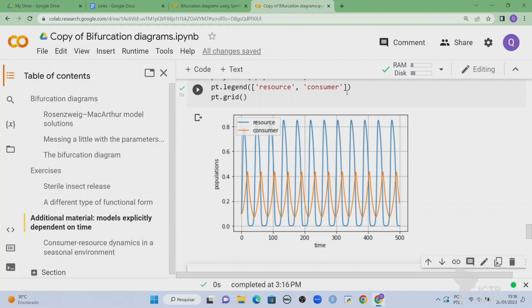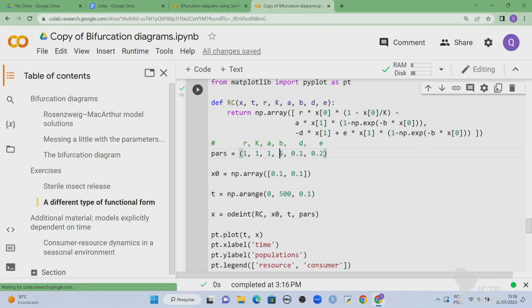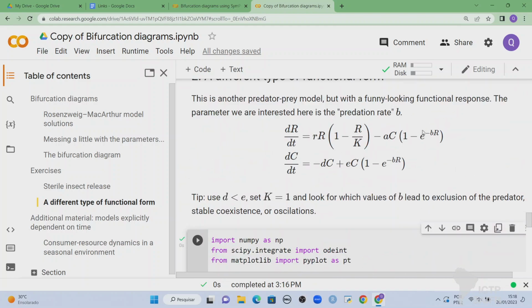Okay, so I started with b equals 1, then I decreased it to 0.1, and now I increased it to 5. How do I choose these values? I just guessed it. I took a very small and then a very large value. And how do I know that 0.1 is small and 5 is large? Because of units. b multiplies r here, and this br should be non-dimensional.